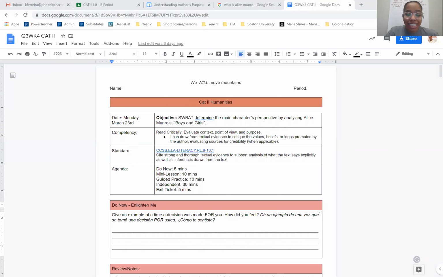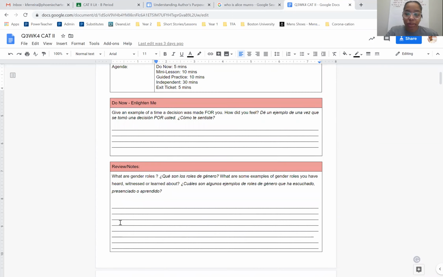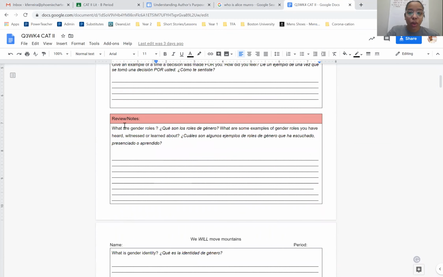Today, you are going to be able to determine the main character's perspective by analyzing Alice Munro's Boys and Girls. Here we get a little bit deeper into the short story, right? Because we have talked about all of this throughout these last few weeks, we're going to continue to review so it gets stuck in your head more and more.